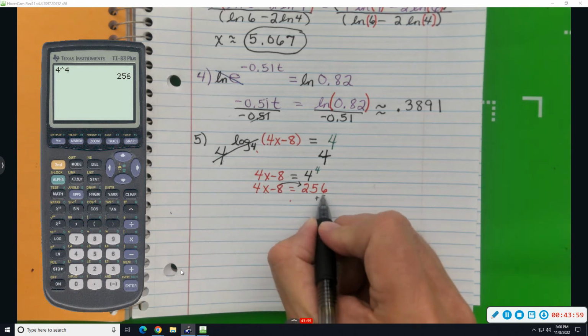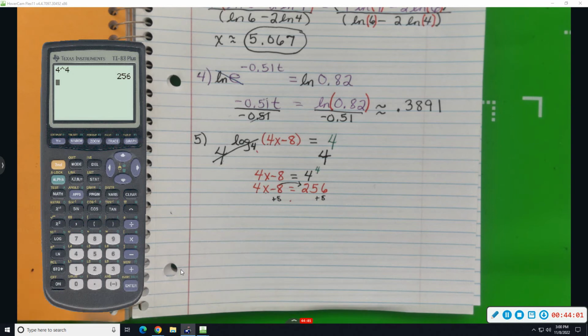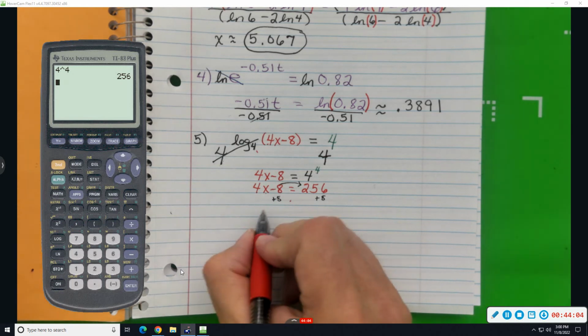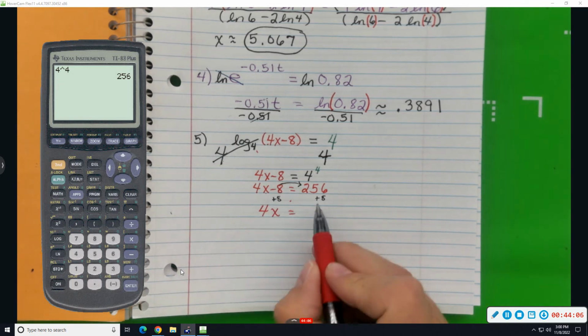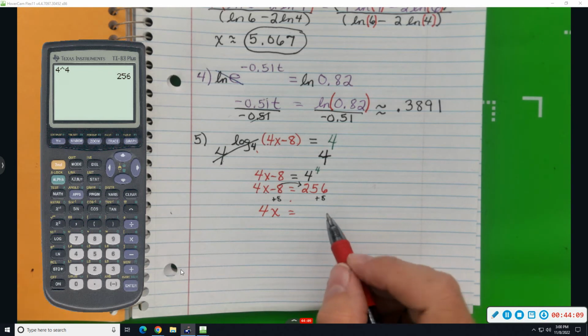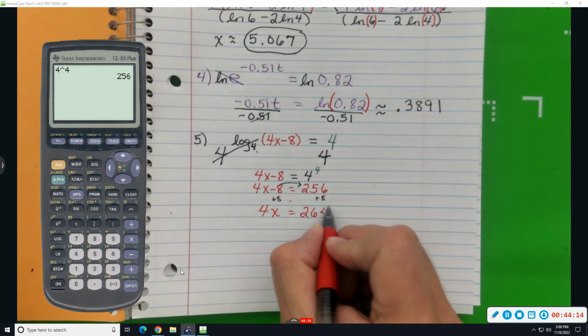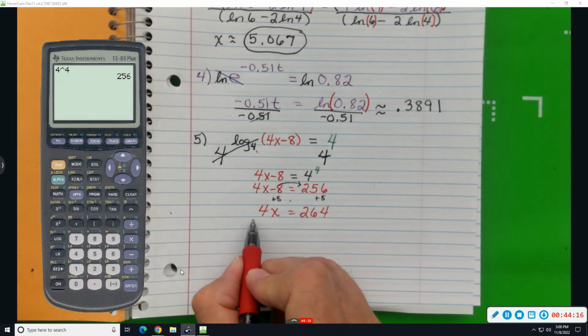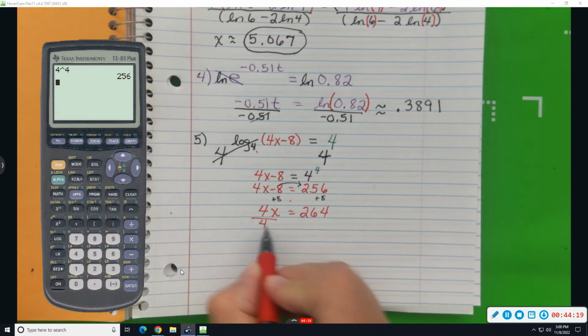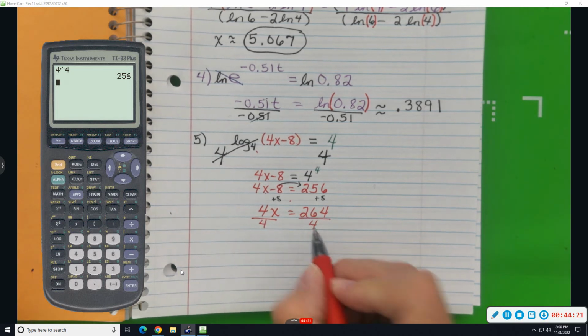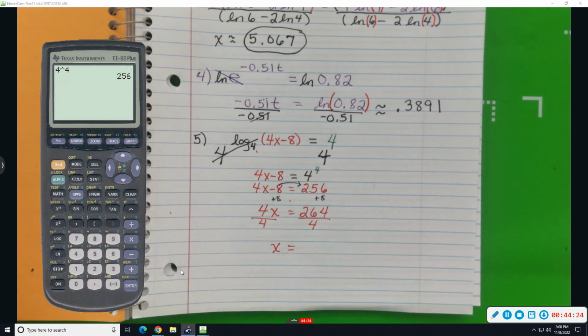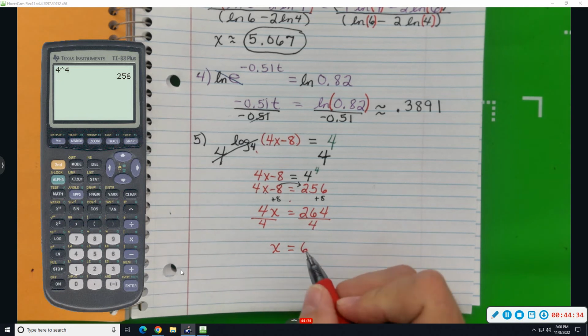So I'm adding 8. And I have 4x equals, what is that? 256 plus 8, is that a 264? And then divide both sides by 4. 264 divided by 4, that's going to be what? 66?